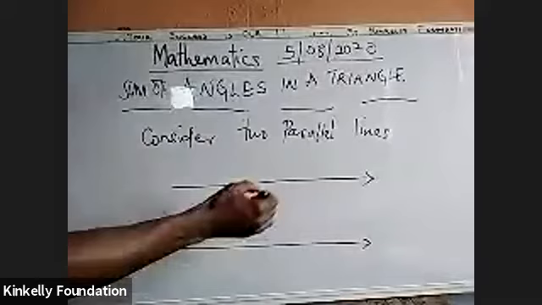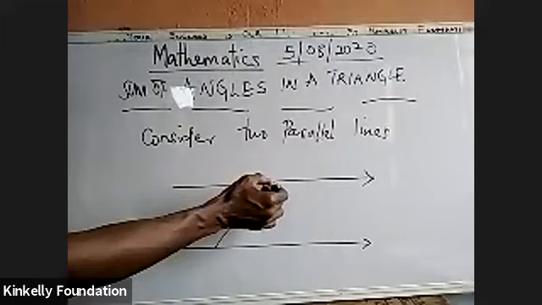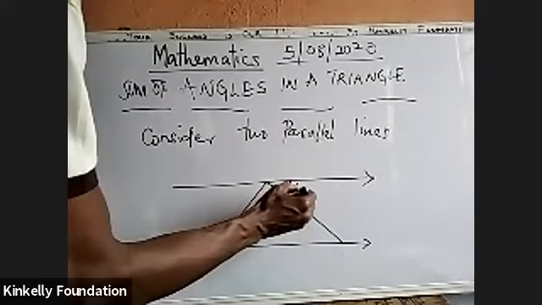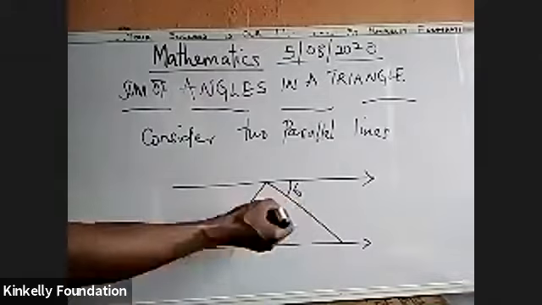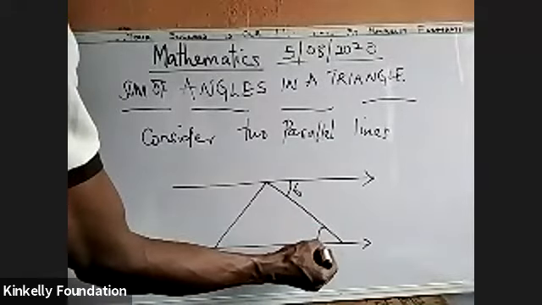Now, if you have this transversal, you also have another transversal here. Transversals. And here we have an angle B. The next one here is what?